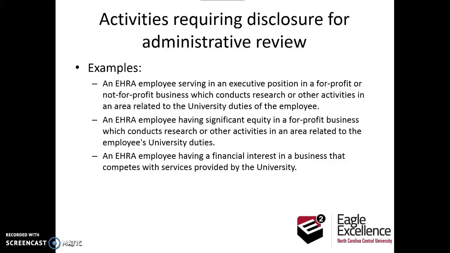An EHRA employee having significant equity in a for-profit business which conducts research or other activities in an area related to the employee's university duties. An EHRA employee having a financial interest in a business that competes with services provided by the university.